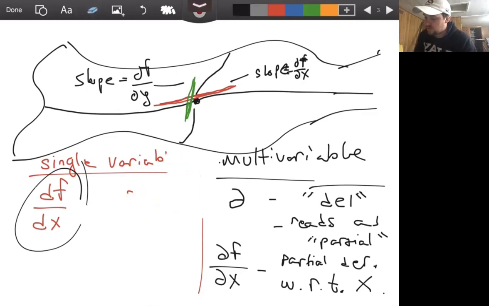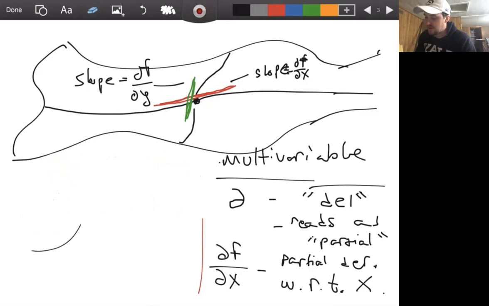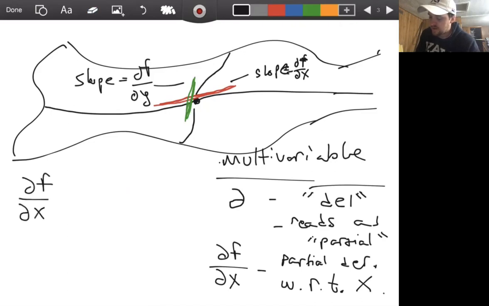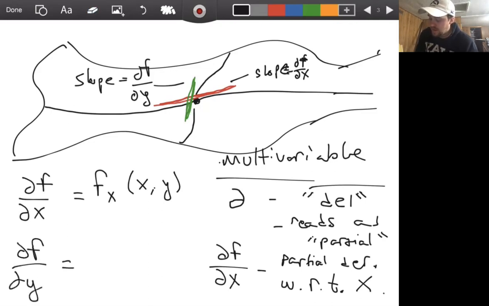And sometimes we'll use that quite often to save space and time when calculating partial derivatives. So we'll say the partial derivative of f with respect to x, we'll write that as f sub x of x y. This subscript here means to take the partial derivative of this function with respect to x, or the partial derivative of f with respect to y is f sub y of x y, right?